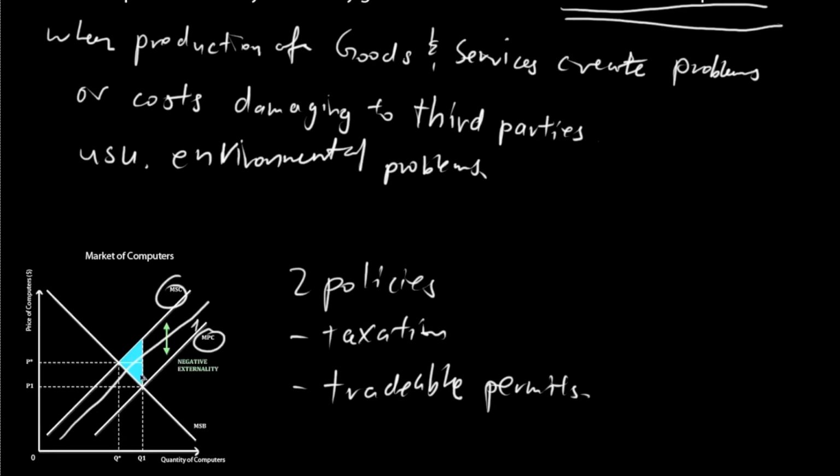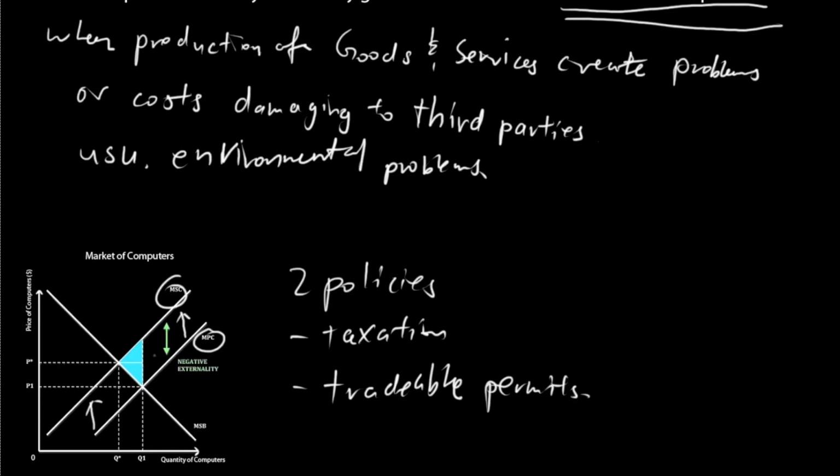If the tax is able to shift the entire marginal private cost up to exactly where the marginal social cost is, then the government would have internalized the externality.